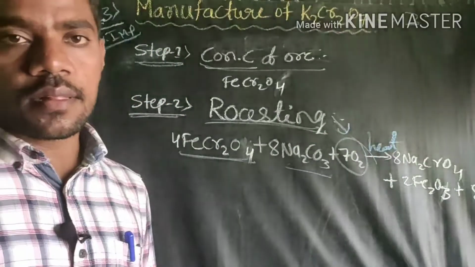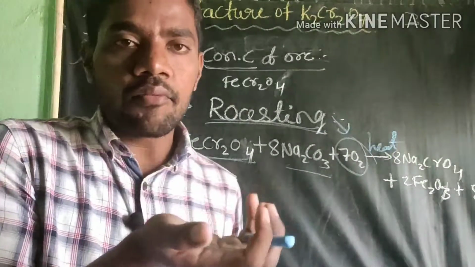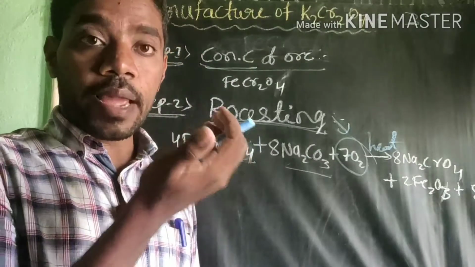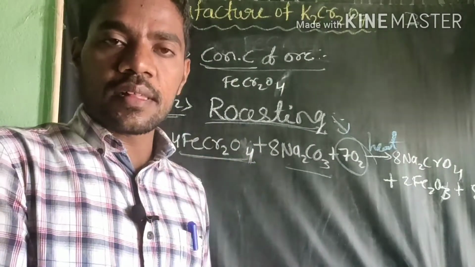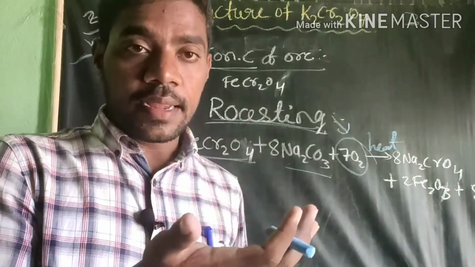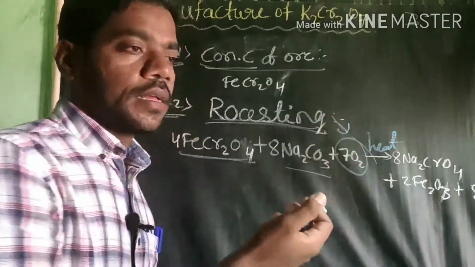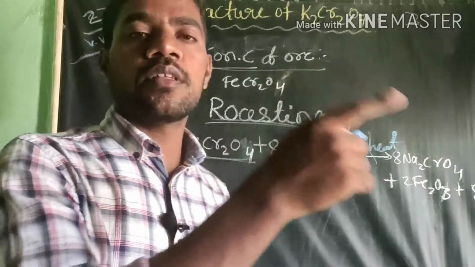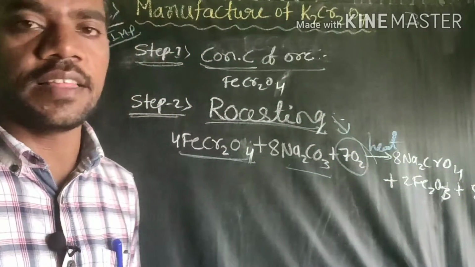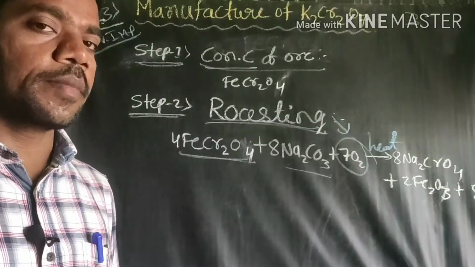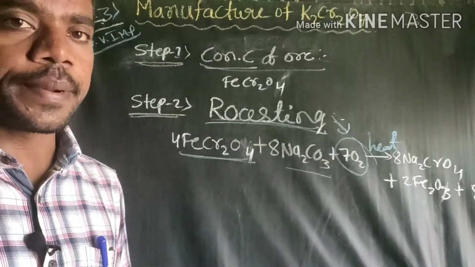Roasting means heating of any ore in the presence of oxygen. Heating of ore in the absence of oxygen is called calcination, which will come in the metallurgy chapter, and I will discuss it separately.